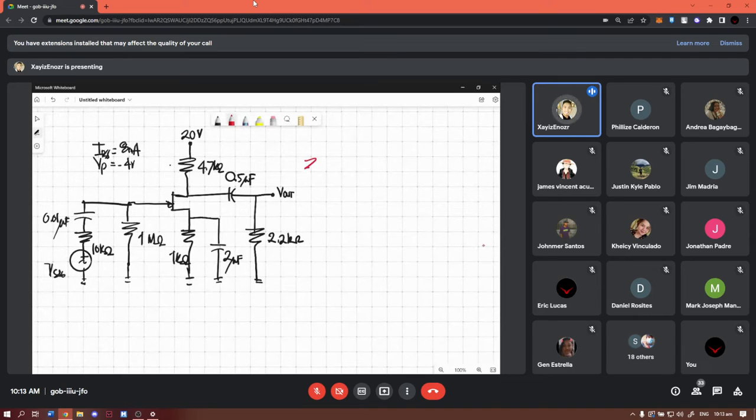What is the formula for the input impedance of a common source FET amplifier?